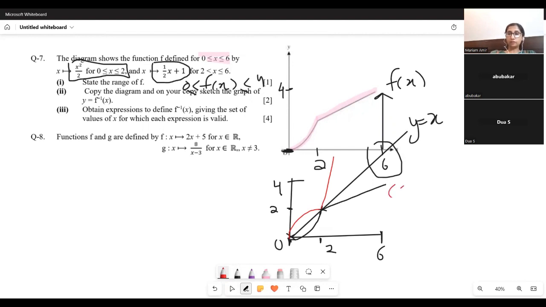And this point is (6,4), so that point is going to be (4,6). So you've sketched the graph for f inverse of x. f(x) was already sketched, and you've sketched f inverse of x.